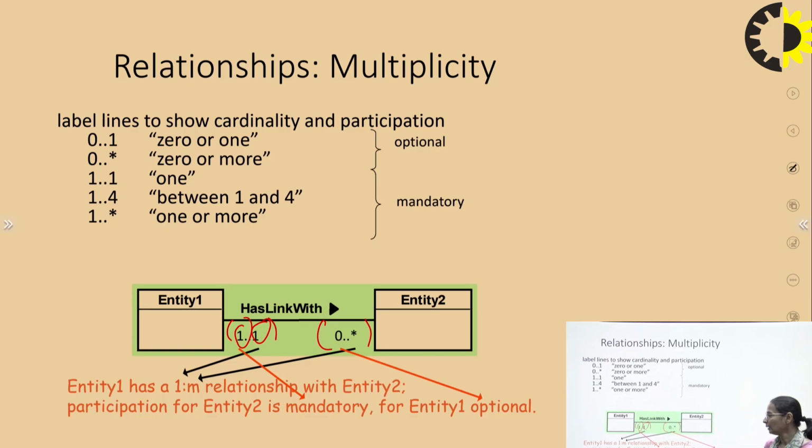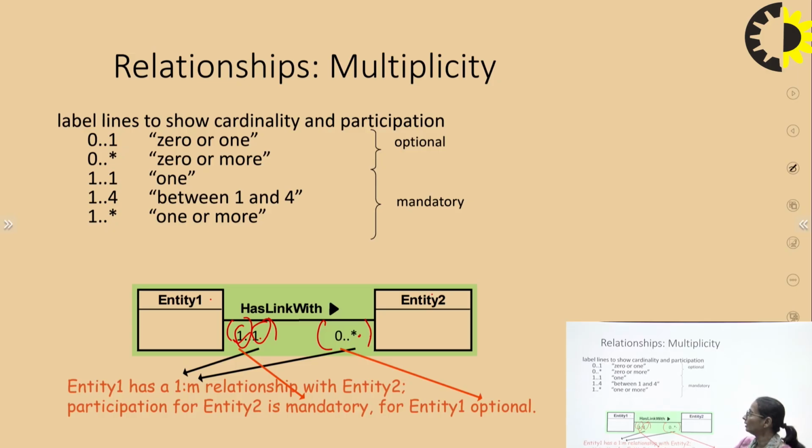So here entity 1 has a 1 to m relationship with entity 2. And for participation, for entity 2 it is mandatory, whereas for entity 1 it is optional.